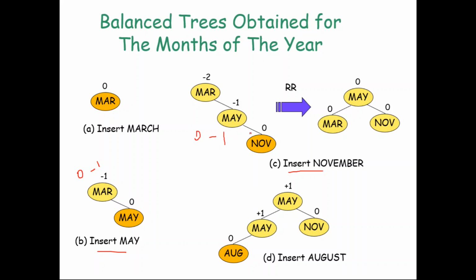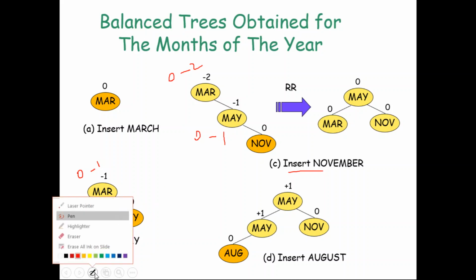The height of the right subtree is 1. So this is still balanced, but for March the left height is 0 and the right height is 2, so 0 minus 2 is minus 2, and it becomes unbalanced.